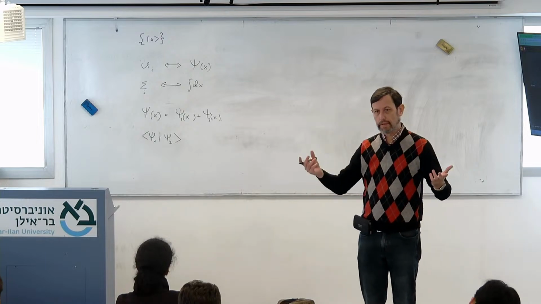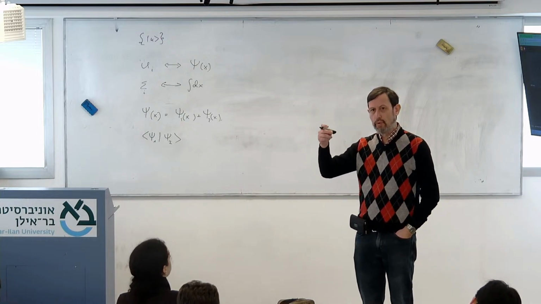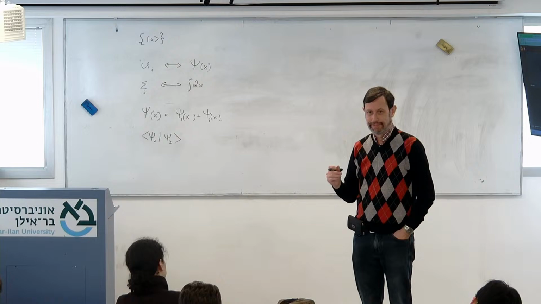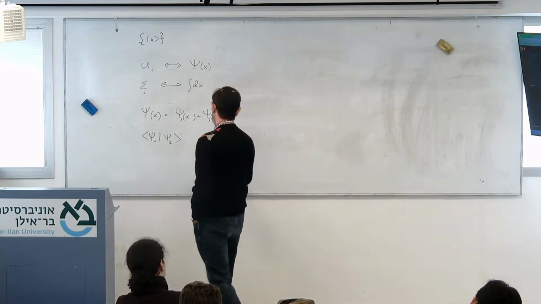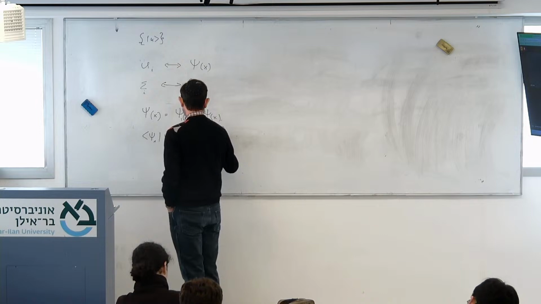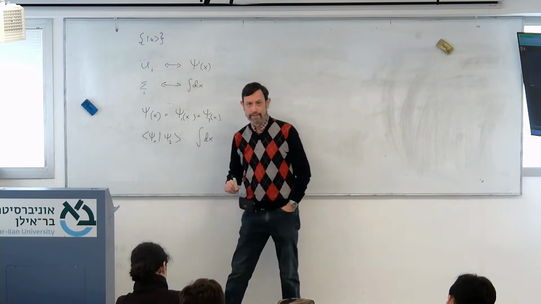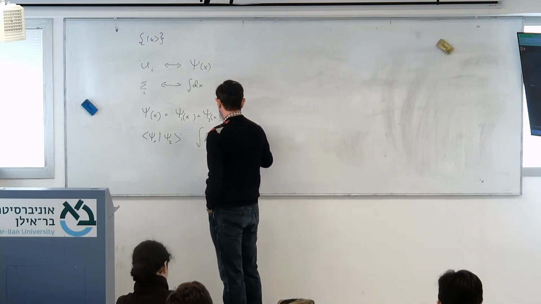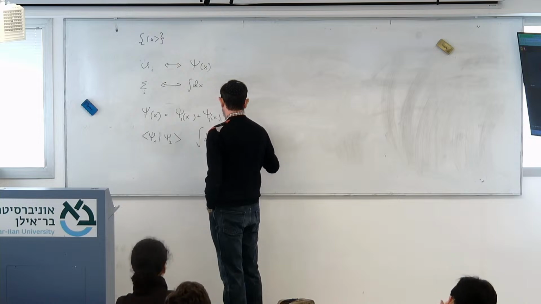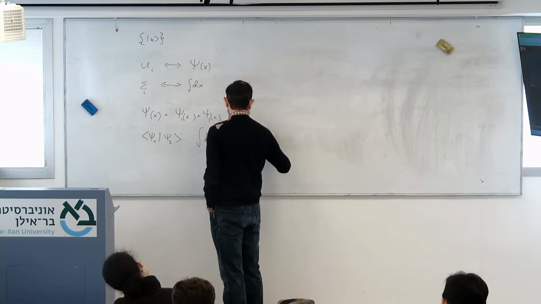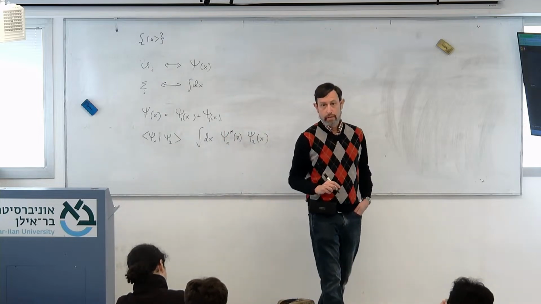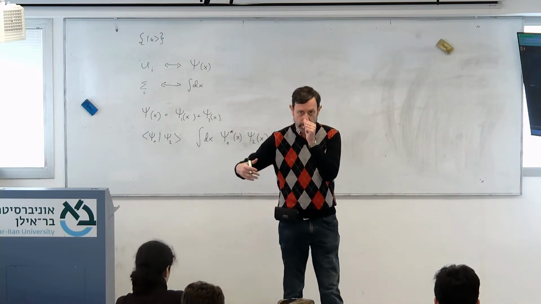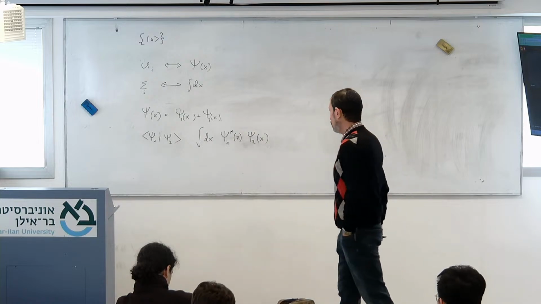You remember the inner product was a sum over u_i complex conjugate times v_i. The sum becomes an integral. For each x, I multiply the values of the two functions, using the complex conjugate on the first.